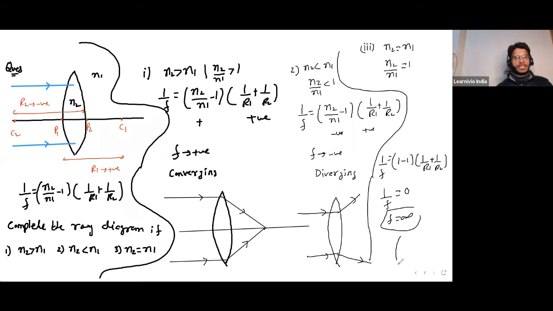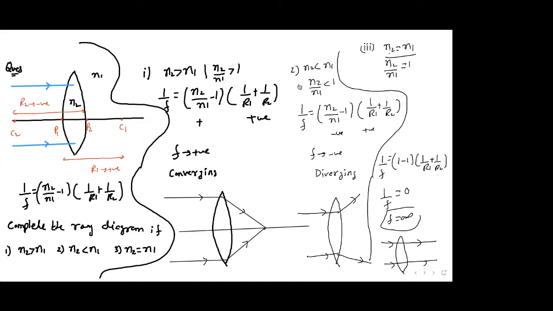Infinite focal length means rays will remain parallel. If you look at it carefully, there is no change in medium, that means no refraction. The rays will come straight and go straight. Just remember one more thing: in this particular case, the lens actually disappears.